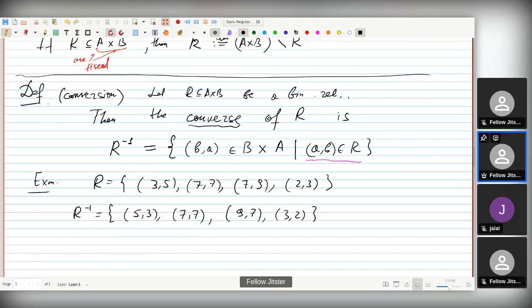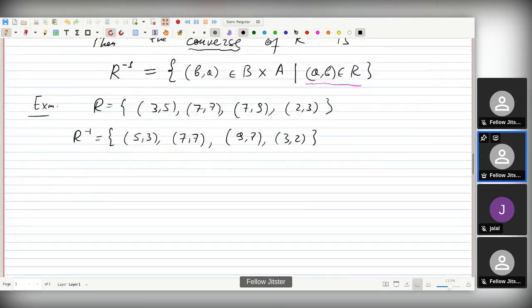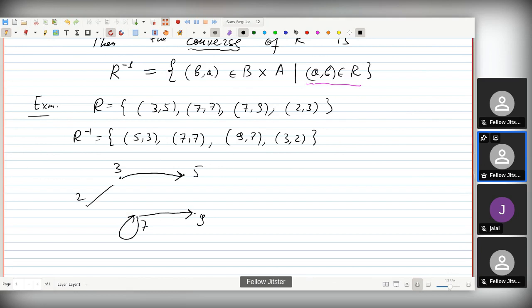And now let us look at the diagrams. So for R, we had something like that: 3, 5, 7, 9. We had an arrow from 3 to 5, a loop at 7, an arrow from 7 to 9, and from 2 to 3. Do you agree? Yes. These were our arrows for R. But what about the converse relation?